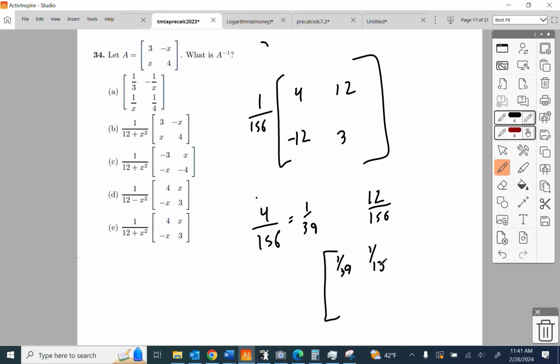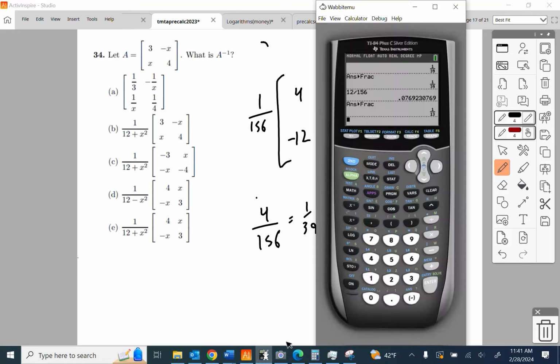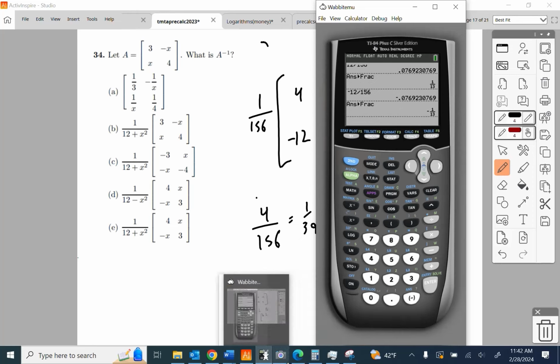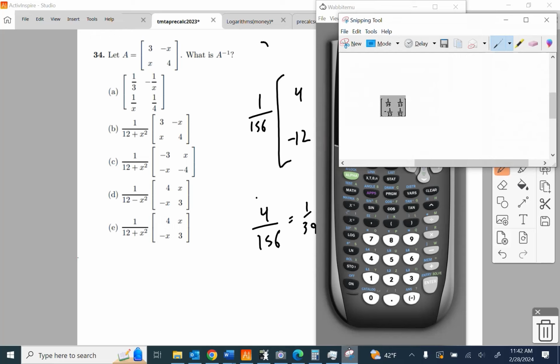Looking good. This is going to be negative 12 over 156. Back as a frac. I'm looking for negative 1/13. Cool. I'm feeling pretty confident here.